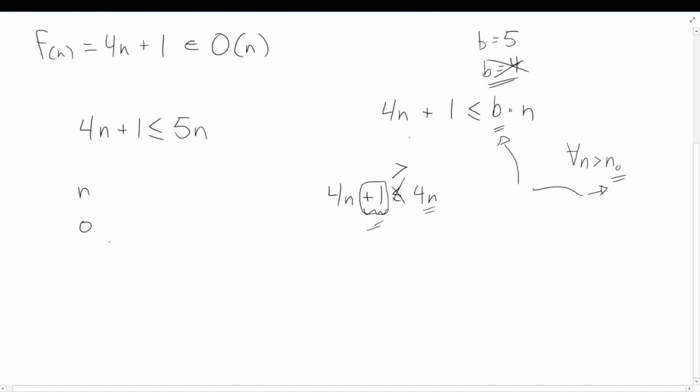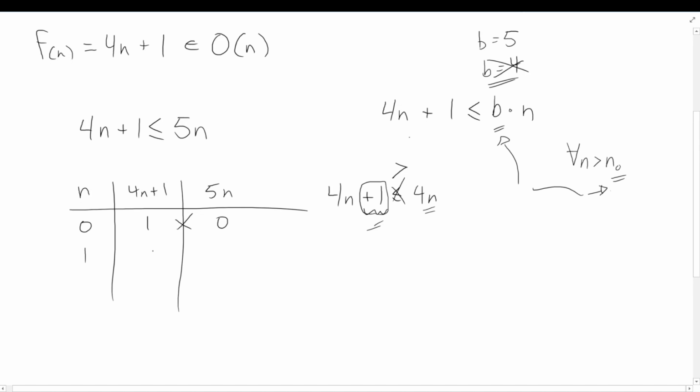Let's pick a value of n. I've got my 4n plus 1. I've got my 5n here. If I pick a value of n, I'm going to pick 0. If I plug it in, 4n plus 1 gives me 1, but 5n gives me 0. This is not less than or equal to in the way that we expect.